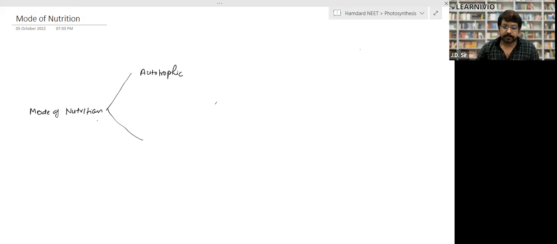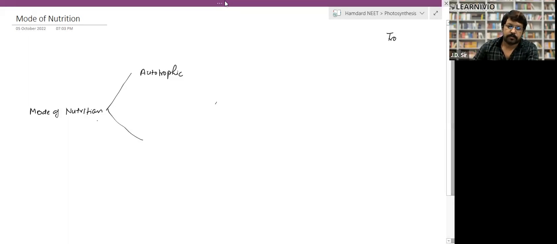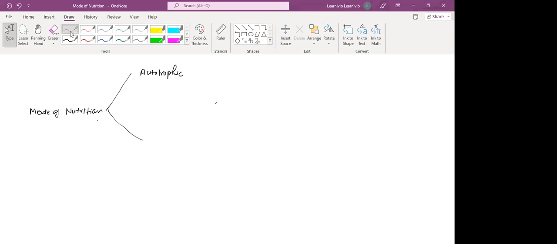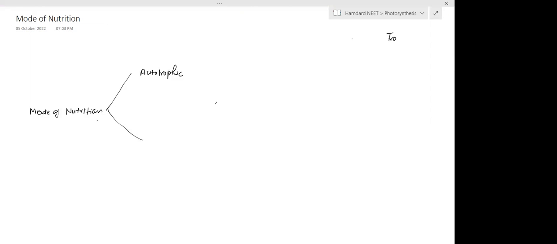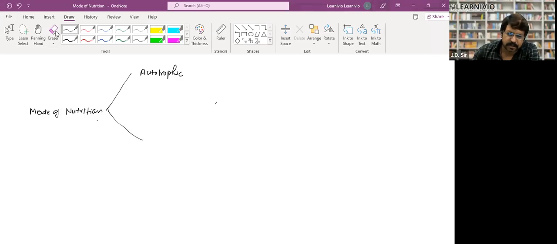The first biological term is trophic. Rather than trophic, I must say phototrophic. What do you mean by that? Yeah, let me tell you. Just wait, let me write it down. Then I'll ask you what is the difference between the two.